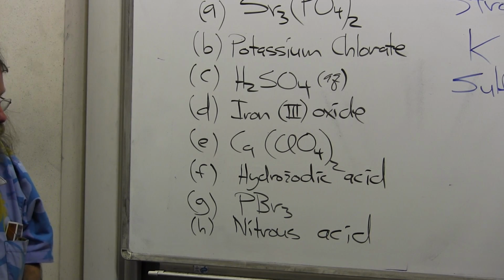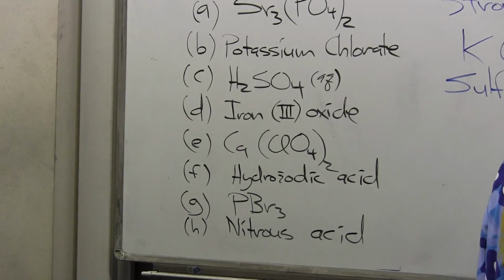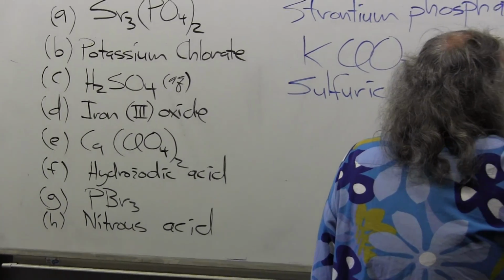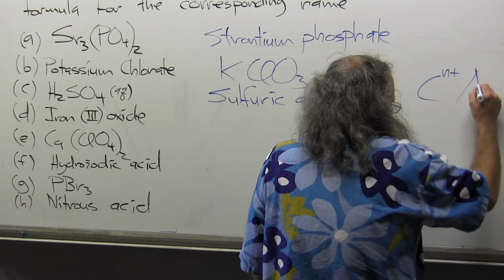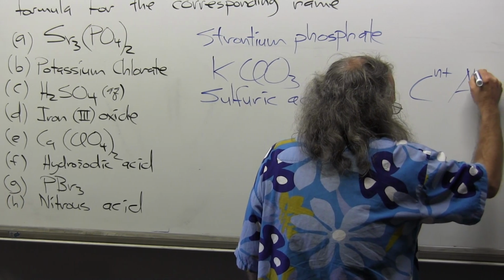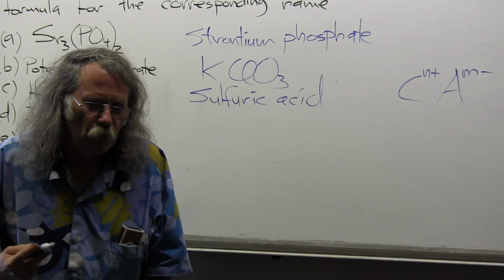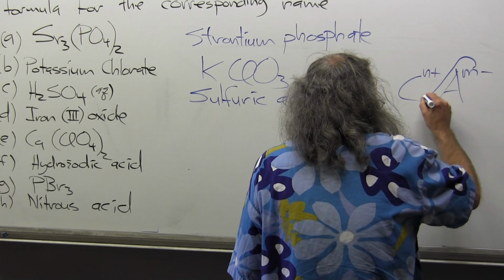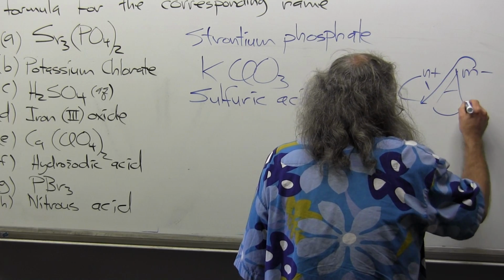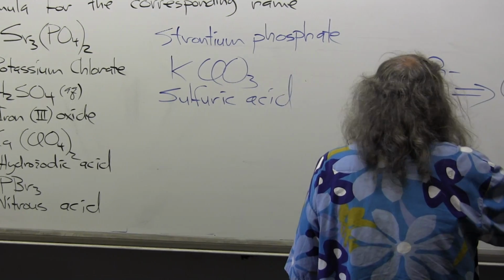Now what you want to always remember, and we'll do this on scratch paper, is that for every cation with N plus, and anion with M minus charges, in order for it to be electronically neutral, you do the following. It's going to have a formula that's going to be C_M A_N.